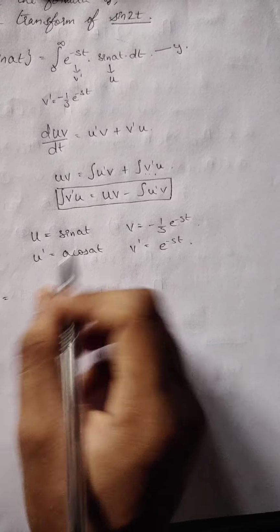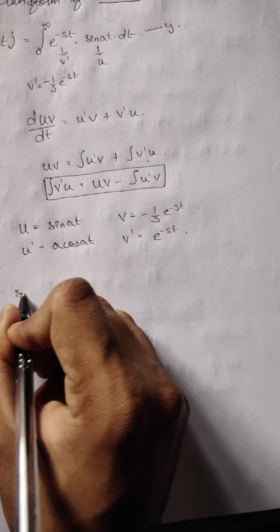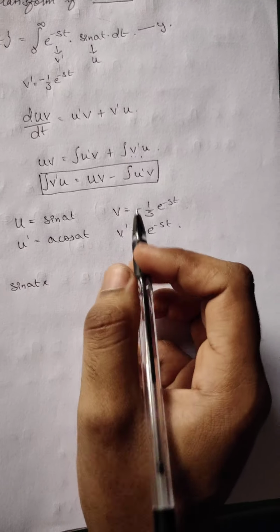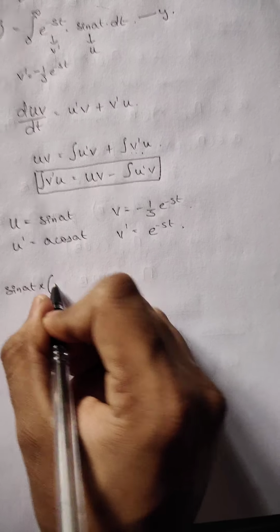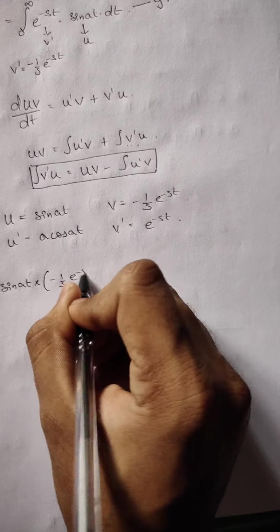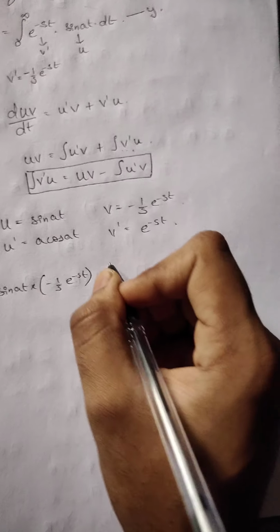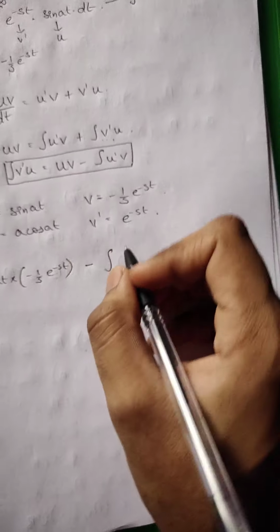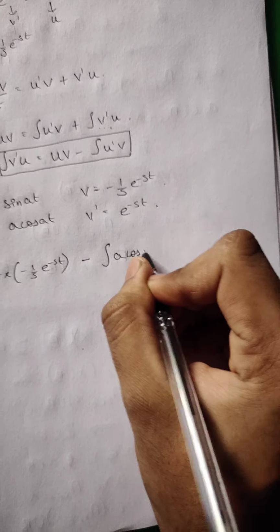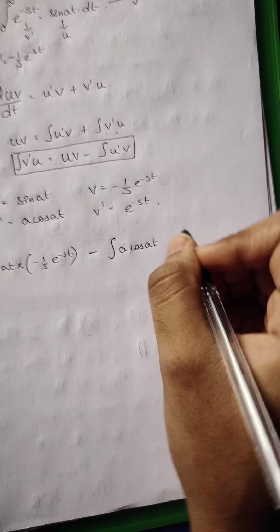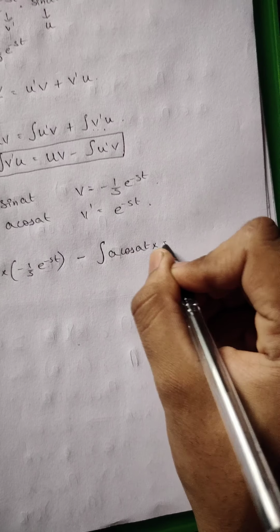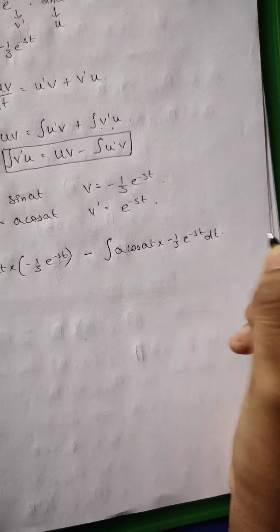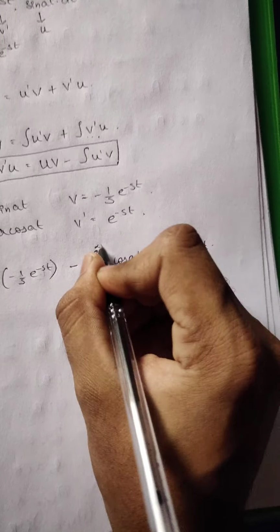So y equals uv. What is u? Sine at, into v, which is minus 1 by s into e power minus st, minus integral of u dash, which is a cos at, into v, minus 1 by s e power minus st dt. This should be from 0 to infinity obviously.